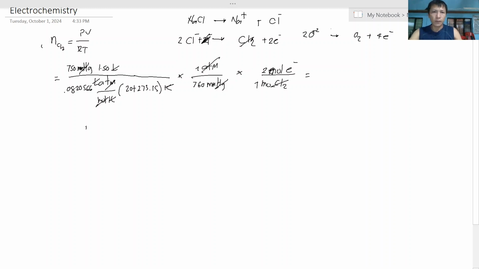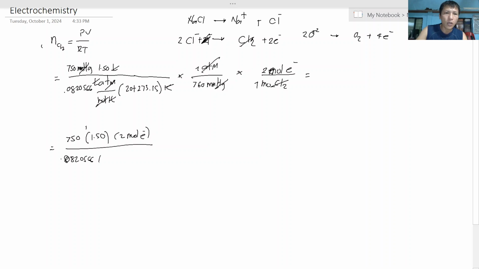Thereby having your final answer. You have 750, then 1.50, then 2 moles of electrons. How about at the bottom? You need 0.082056, no units now, and then 293.15, and then multiplied by 760.